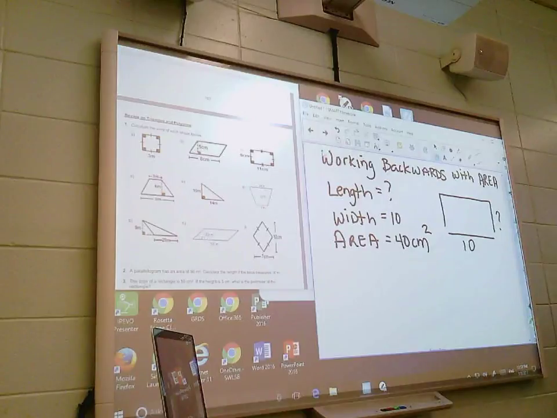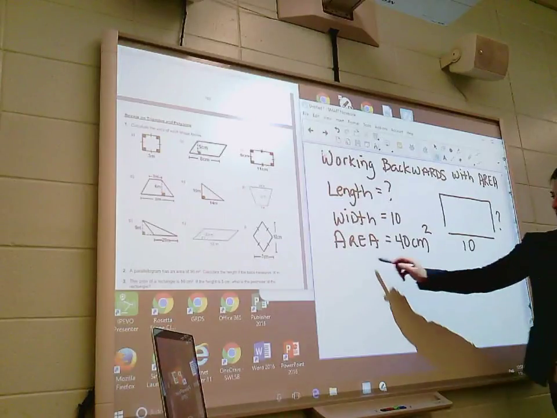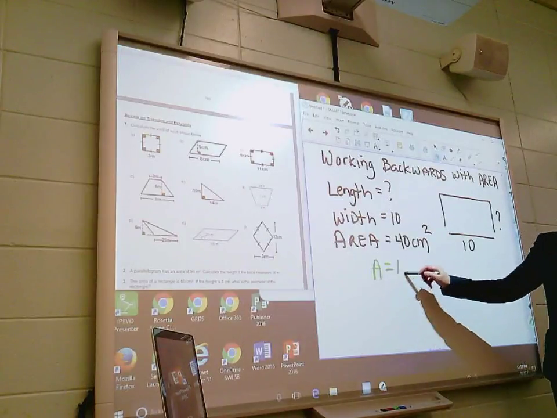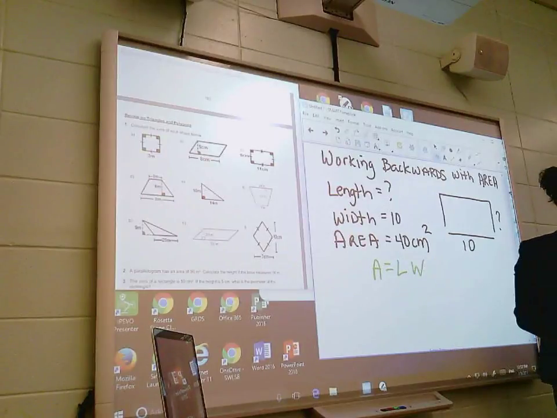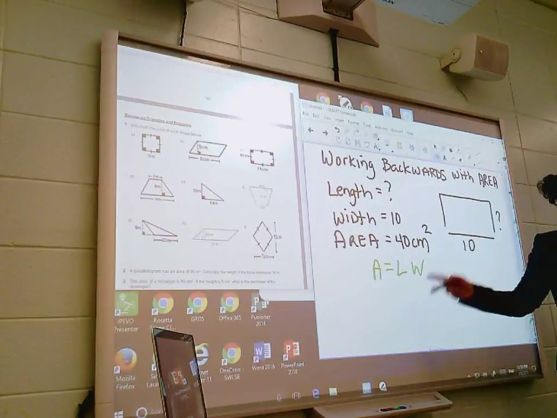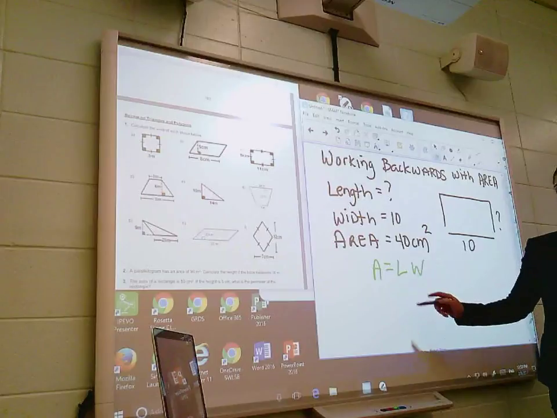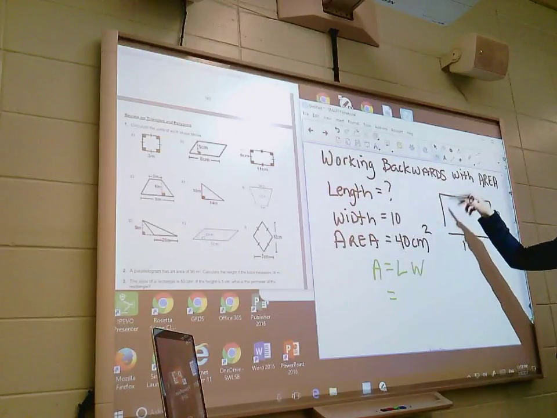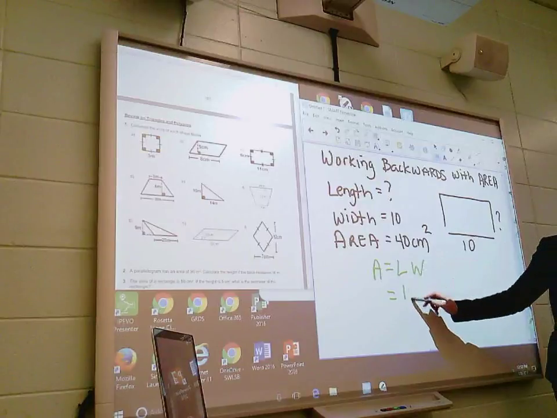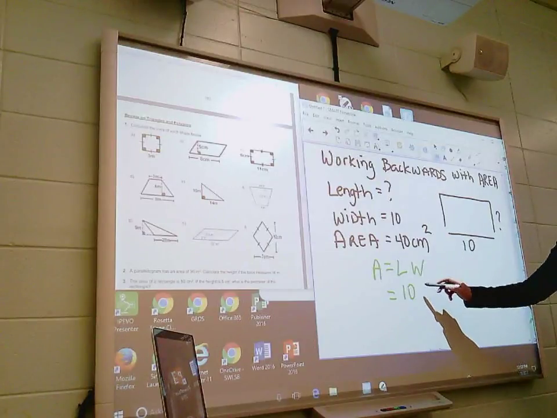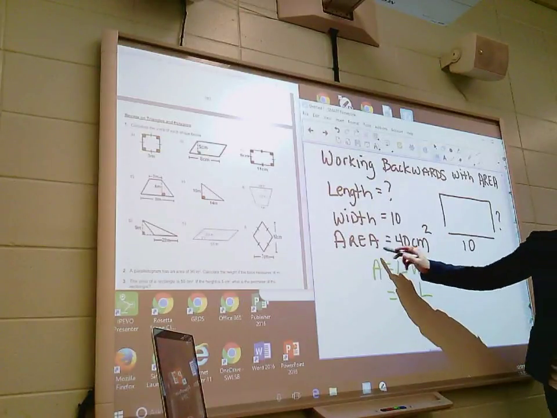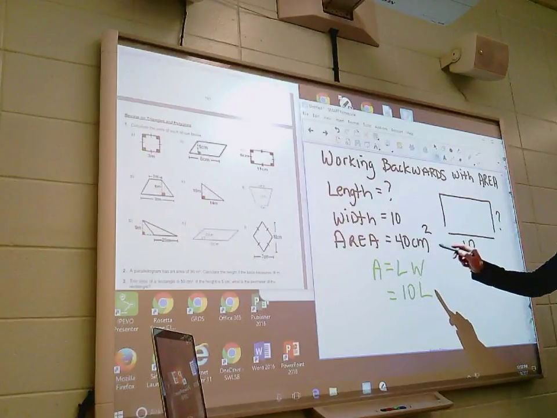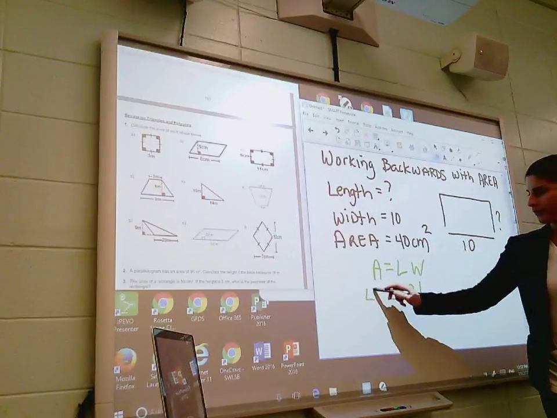Yeah. Formula. So the formula of the area of the rectangle is length times width. Do we agree? Yes. And we have one of those dimensions. We have the 10. Unfortunately, the width is going to be shorter, so I'm not going to pay too much attention. But let's say we do 10L, and we also know that the area is 40.